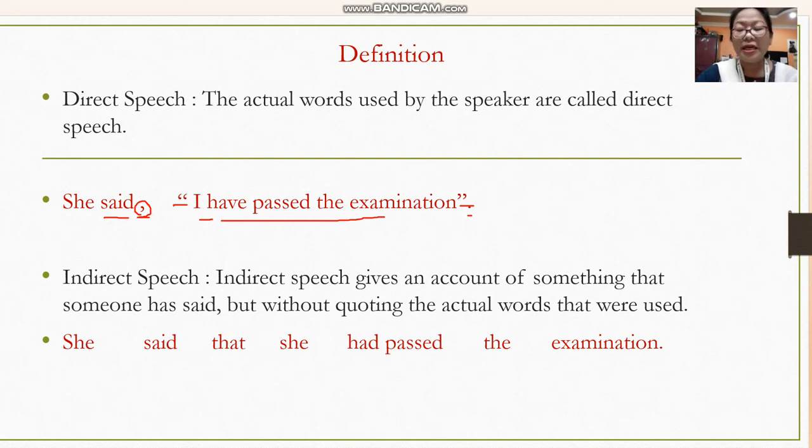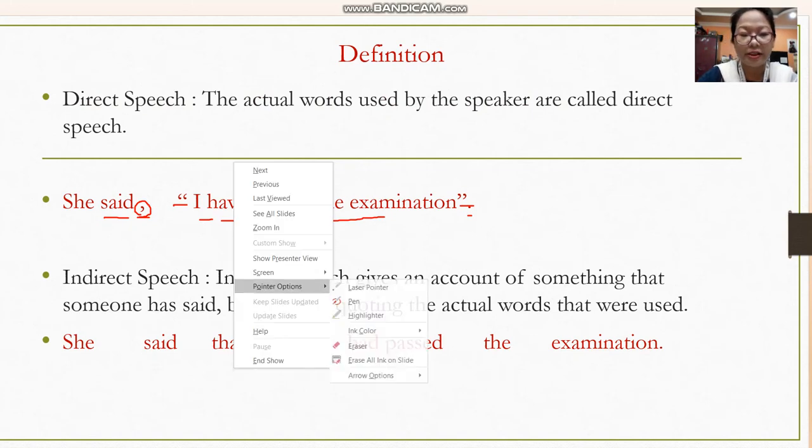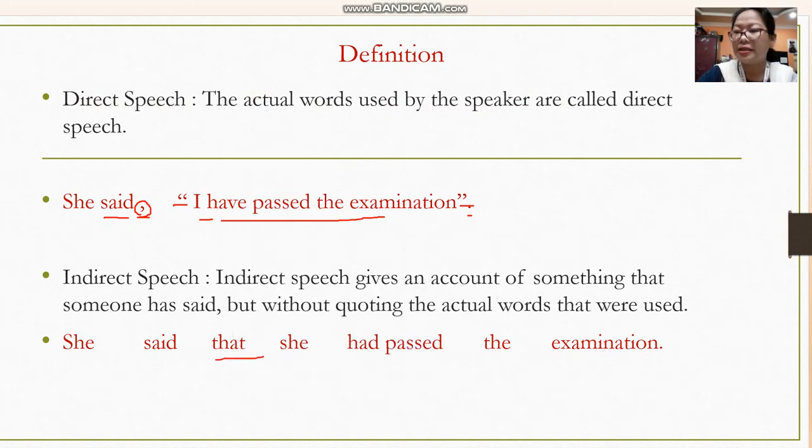Now you will say she is the subject, and said is the reporting verb, and we have removed the comma, and the comma is replaced by the conjunction that. She had, has become had, passed the examination. We have removed the inverted commas. Okay, so this is the difference.